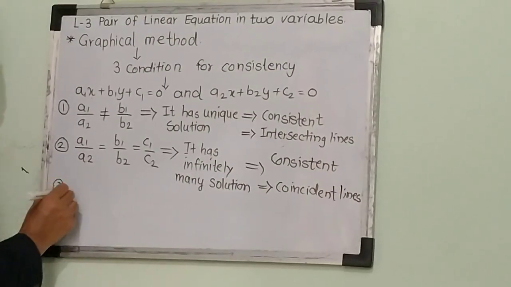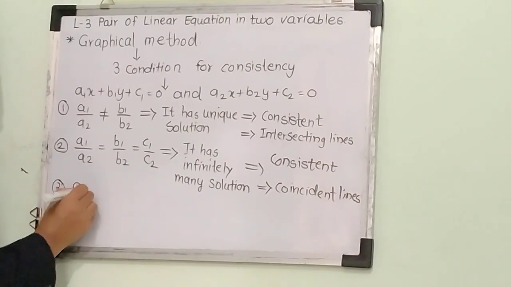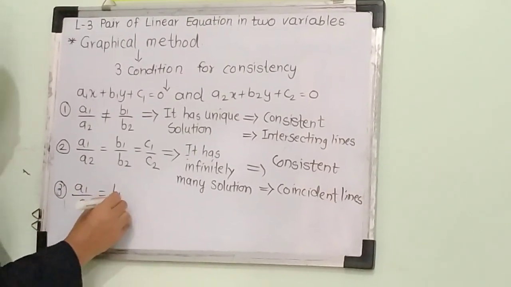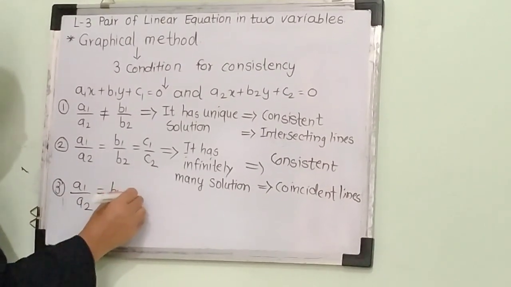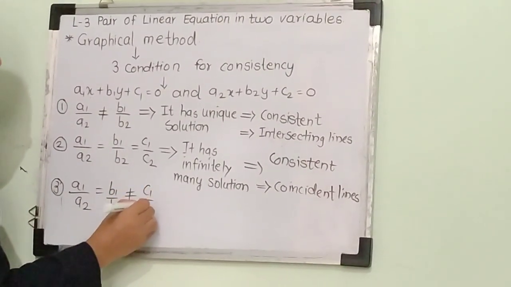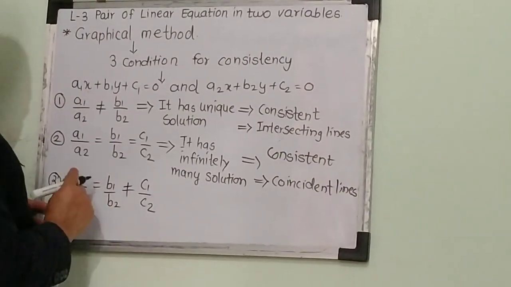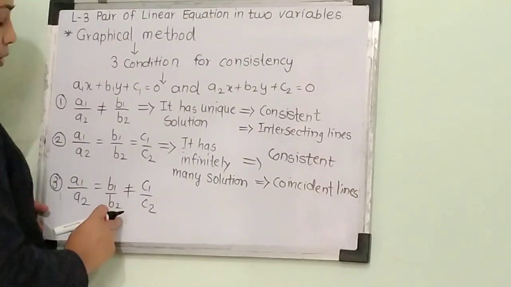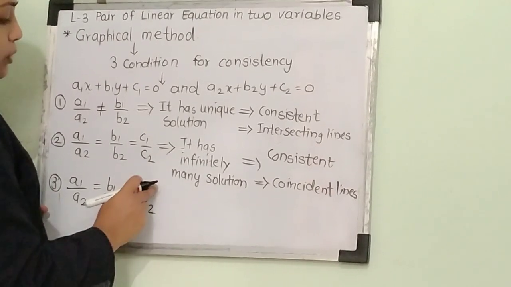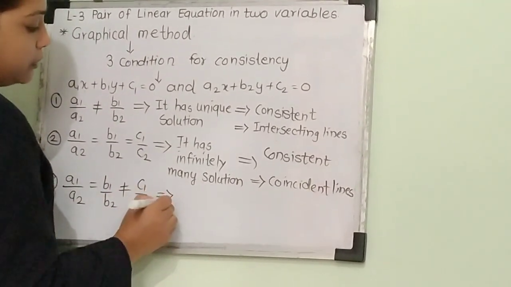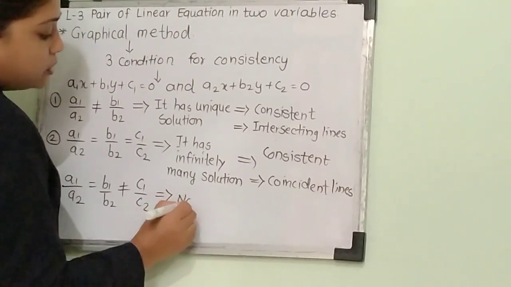Third condition, that is the ratio a1 upon a2 equals to b1 upon b2 not equal to c1 upon c2. It means that when a1 upon a2 equals to b1 upon b2 and the ratio c1 upon c2 is not equal, then we cannot get any solution.